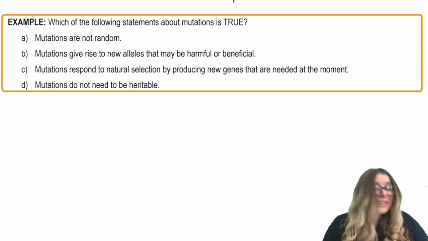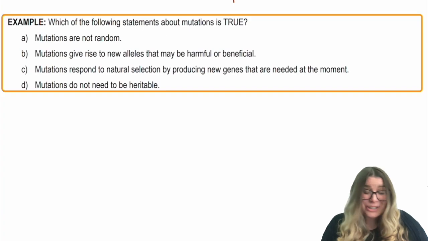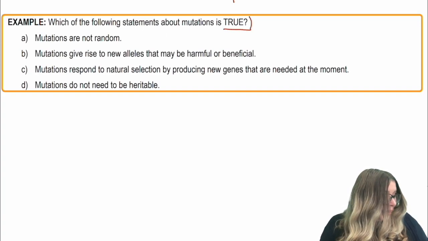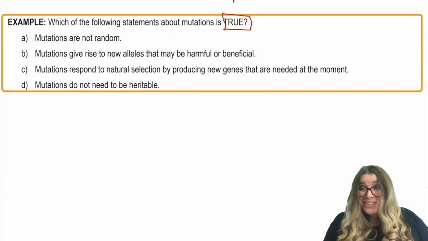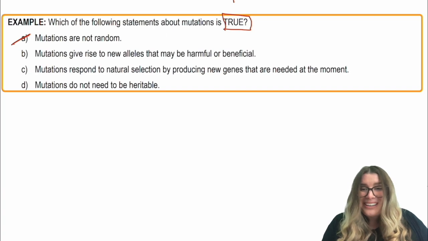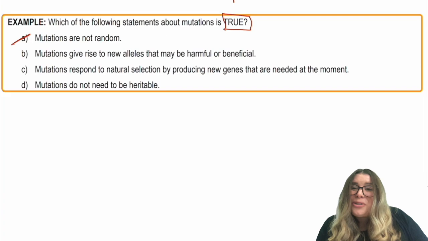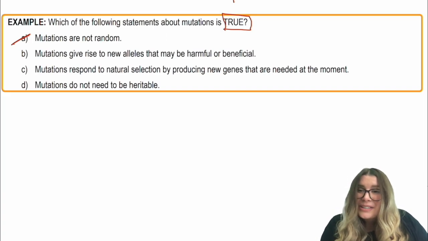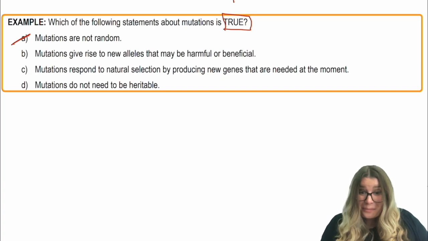Looking through this, answer choice A says mutations are not random. Remember, we are looking for the answer that is true, and we know that mutations are random. So A is false. We can eliminate that one. Next, let's look at C. It says that mutations respond to natural selection by producing new genes that are needed at the moment.